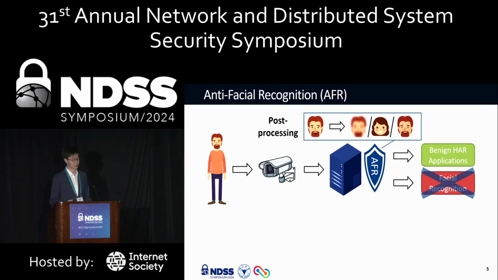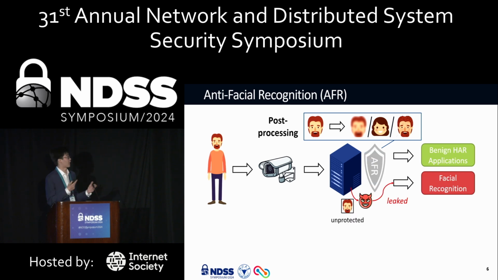Most existing methods use image post-processing, such as face obfuscation, face swapping, and facial adversarial examples to protect the sensitive personal information. These methods are computationally intensive and run on servers, as they require at least one advanced visual algorithm to locate our faces.